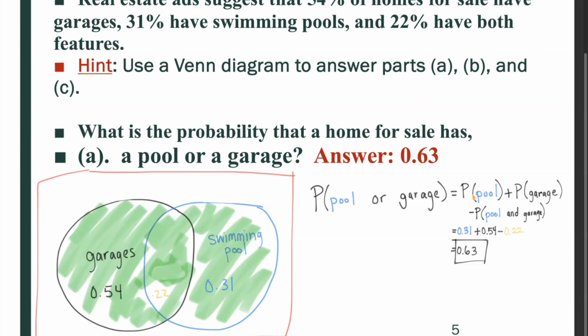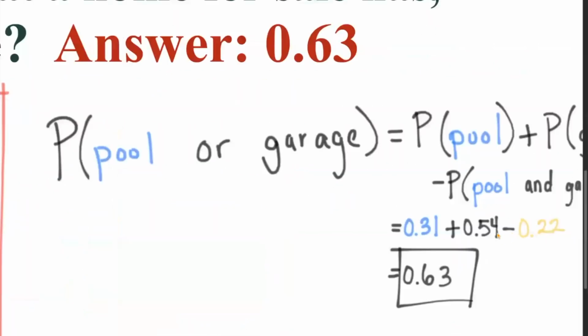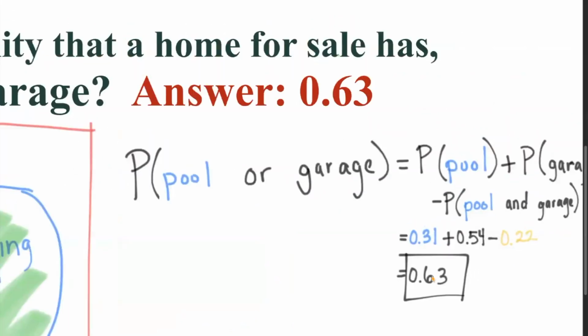We're given that the probability of having a swimming pool is 0.31, the probability of having a garage is 0.54, and the intersection of having a pool and garage is 0.22. So if you do 0.31 plus 0.54 minus 0.22, you'll get 0.63.